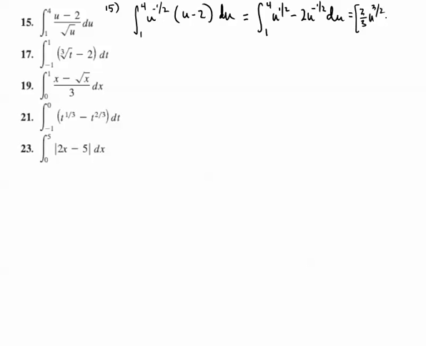So we're going to get minus 4u to the 1/2, and that would be from 1 to 4. All right. So now we're ready to evaluate that antiderivative at the upper limit minus evaluate it at the lower limit.